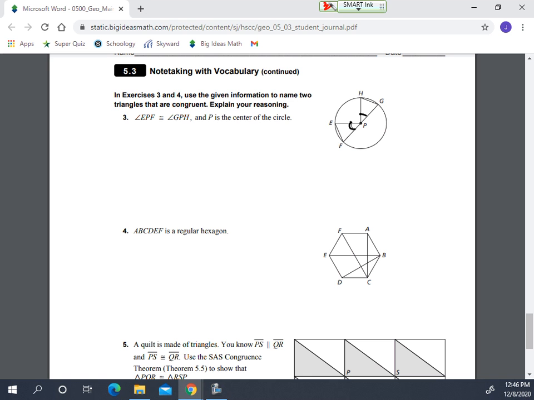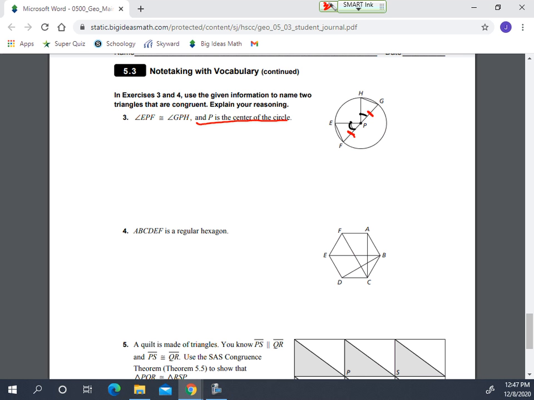Well, we know that P is the center. Oh, I just crossed it out. I didn't mean to cross it out. P is the center point. So once you agree that if P is the center point, this side would be congruent to this side because it's a line, right? And P is right in the middle. That's the definition of a midpoint or center point. Good.